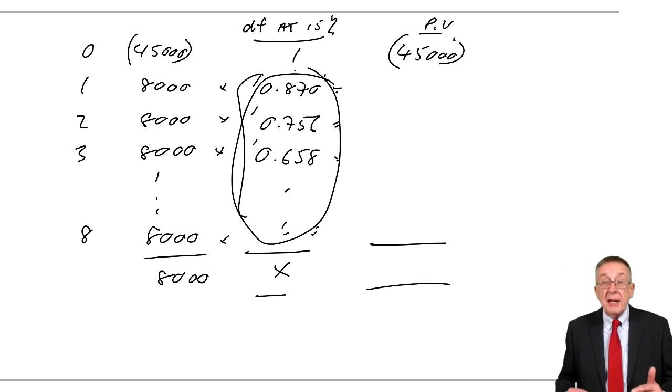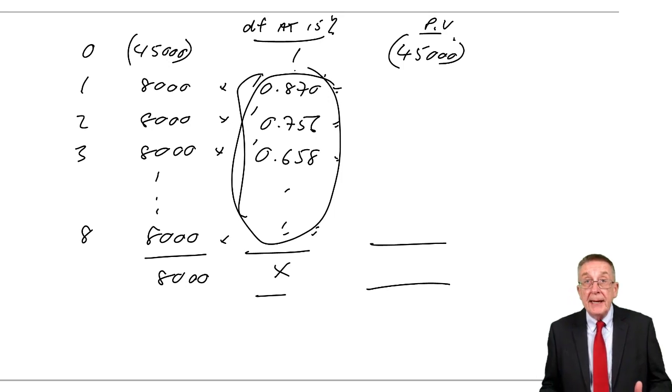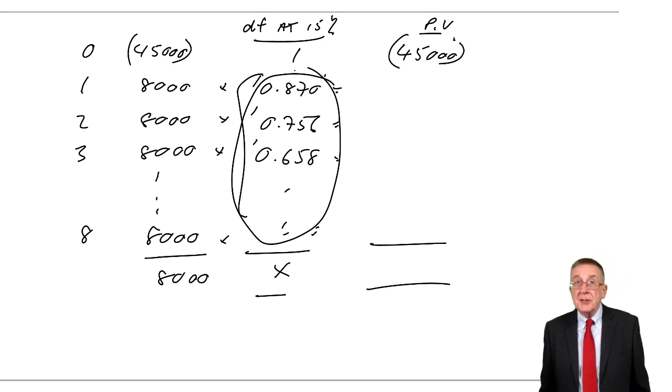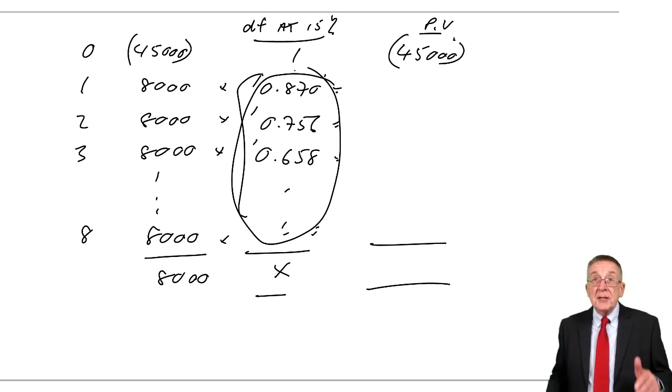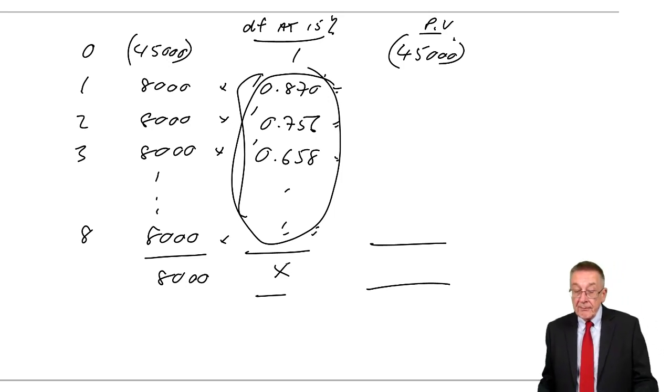So instead of giving the discount factors for each year separately, which is what the present value tables do, the annuity tables are giving you the totals of the factors.